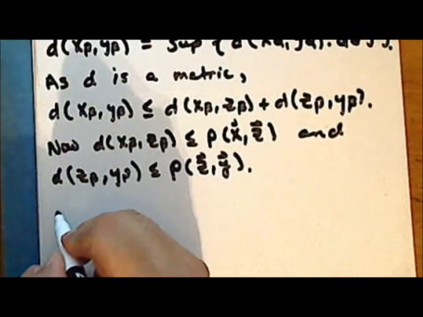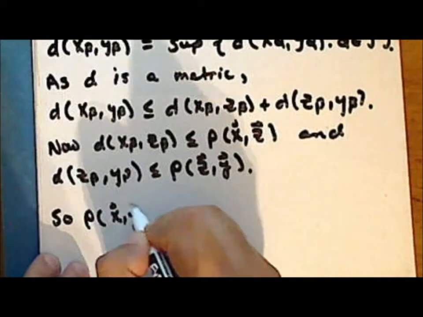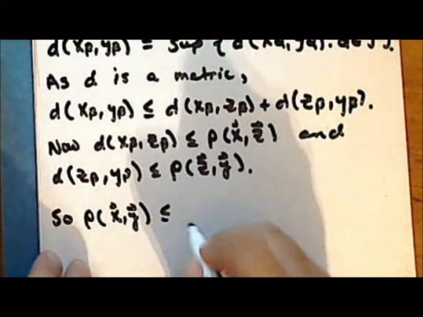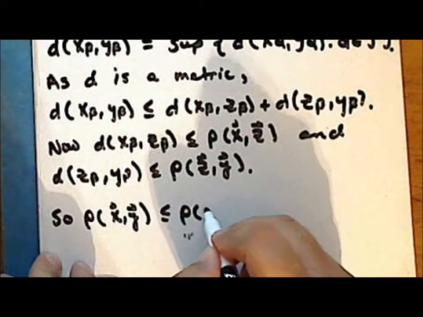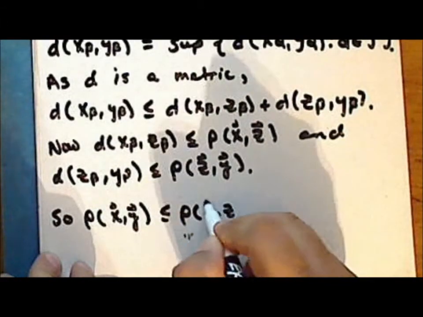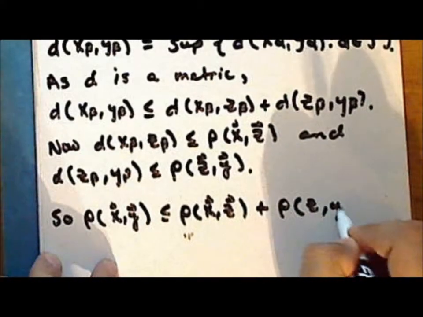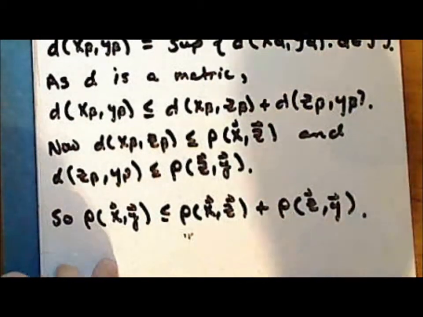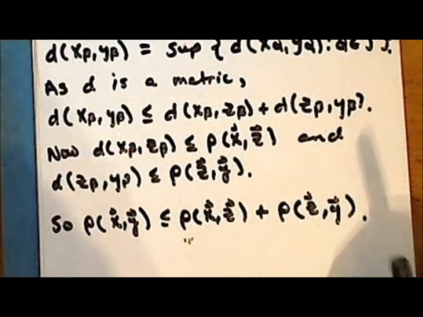And so we have that rho of x, y is less than or equal to the sum of rho of x, z and rho of z, y. So the triangle inequality does hold. The metric is indeed a metric, called the uniform metric on R superscript J.